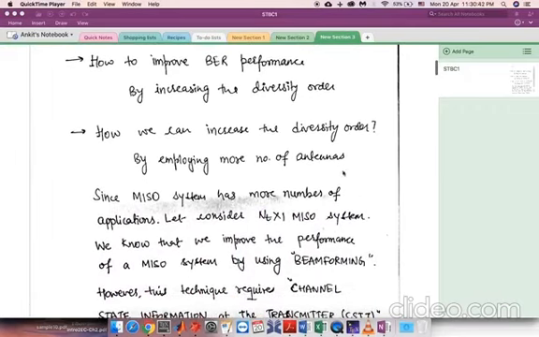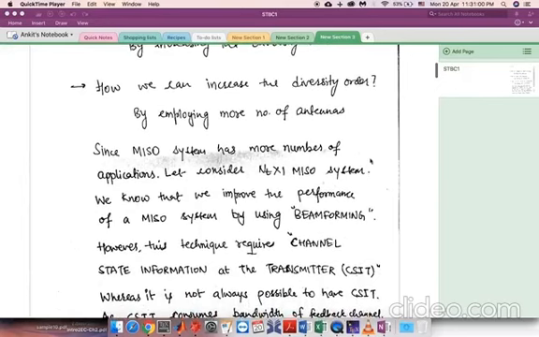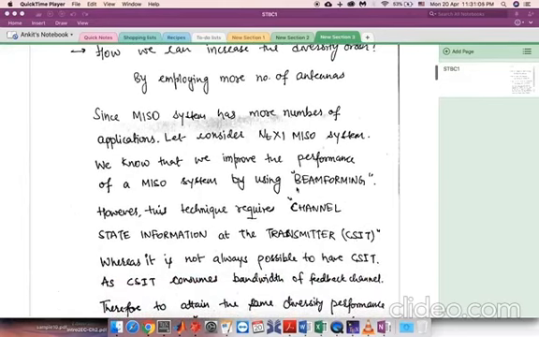The answer is quite simple: by employing a larger number of antennas, because the larger the number of antennas, the higher the probability of getting more copies of the signal at the receiver. However, while employing a large number of antennas, we also need a beamforming technique, which helps us get independent channels.